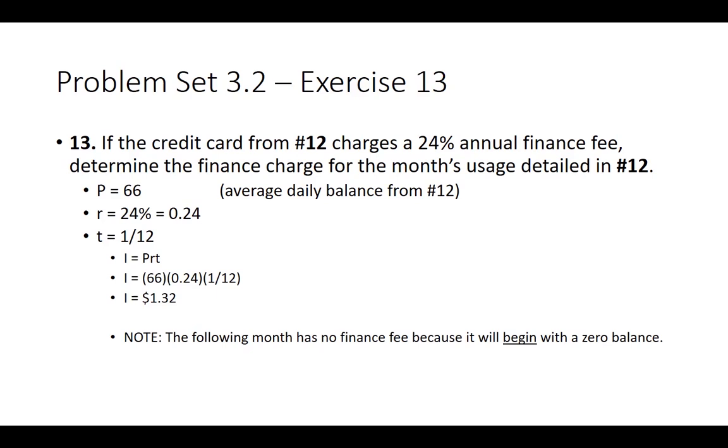That's P, that's our principal. R, our rate of 24% annually, as a decimal is 0.24. And T, since this is only for 1 month, is going to be 1/12. Remember, when it's in months, we need to divide by 12 to account for 12 months in a year. 1 month is 1/12 of a year.